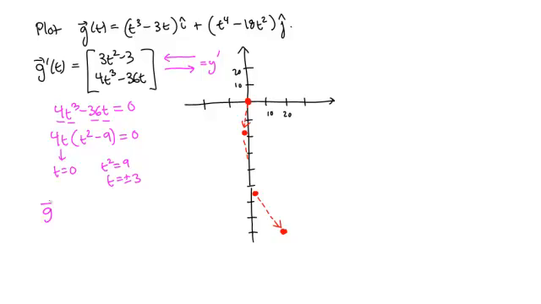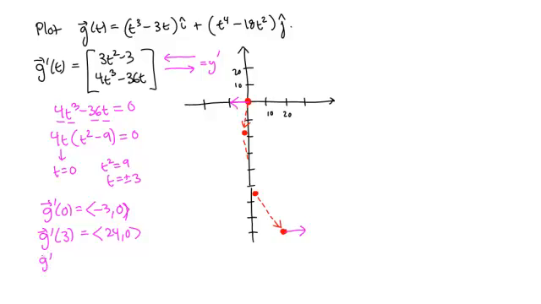Well, let's see. g prime of 0, when I plug in, will be minus 3, 0. So I know that at this point, the graph is moving horizontally to the left. At g prime of 3, we'll work this out, and we're going to get 24, 0, which means at this point, the graph is actually moving horizontally to the right.